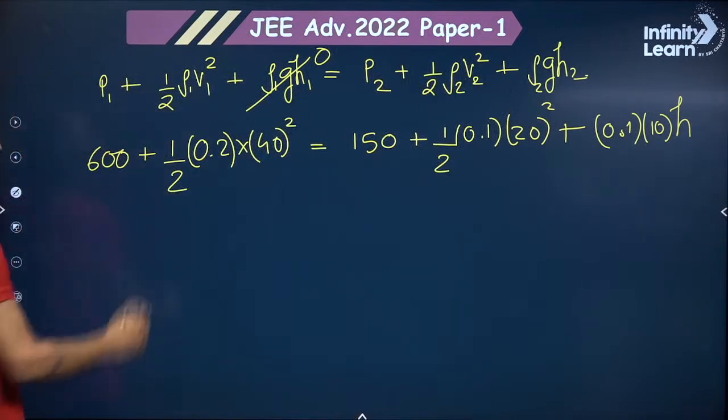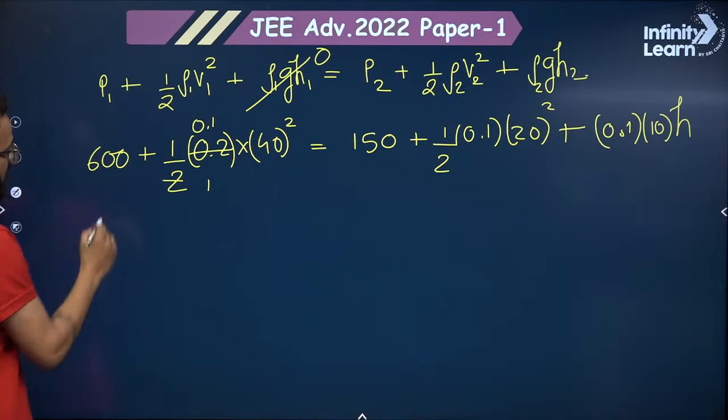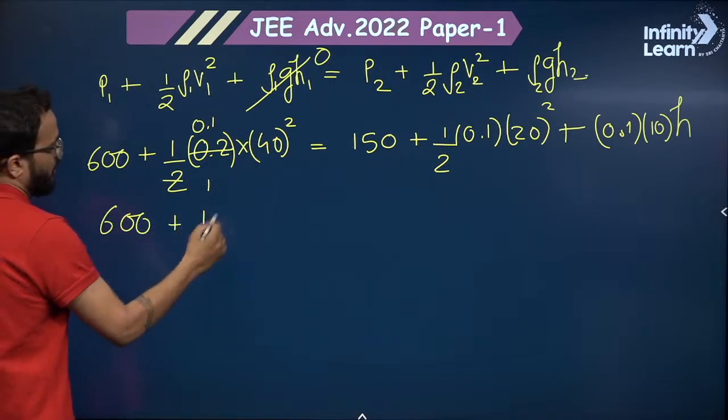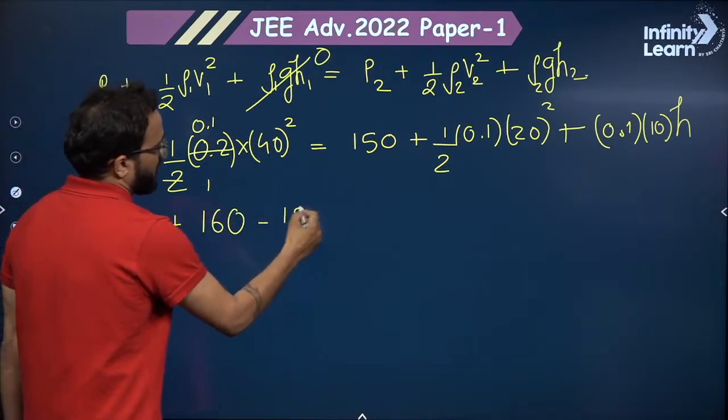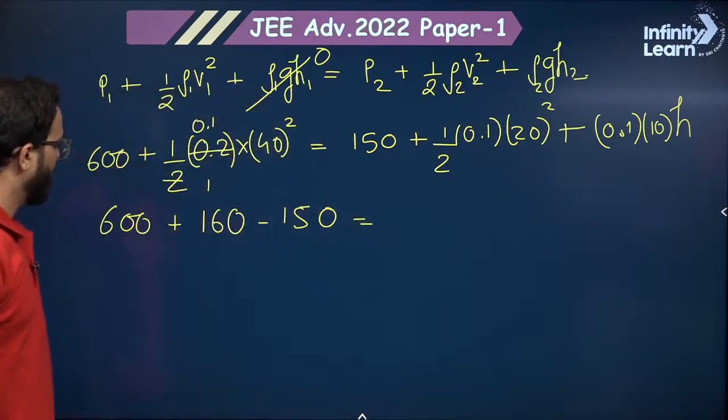Now let's solve it. 1600 into 0.1, 160. So 600 plus 160 minus 150 is equal to, okay, how much is this?